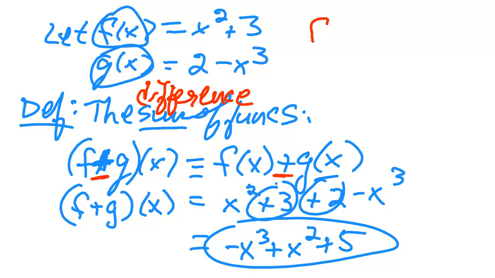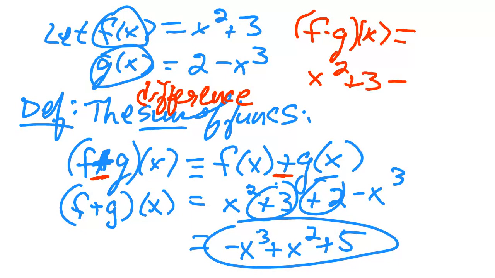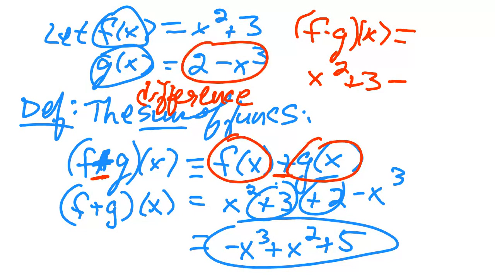So what would f minus g evaluated at x be for this function? Well, f of x minus g of x, here's f of x, is x squared plus 3. And then I'm going to subtract the entire quantity of g of x. So notice f of x minus g of x is the whole quantity. So here I have to have parentheses because I'm going to subtract it all.